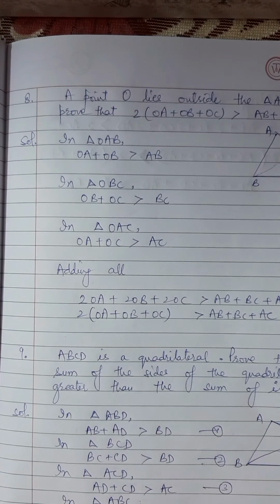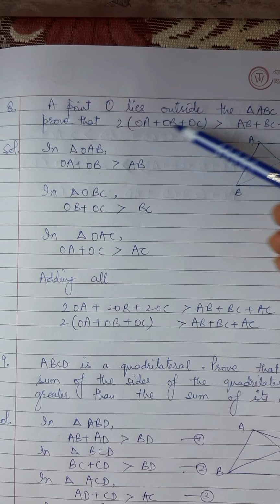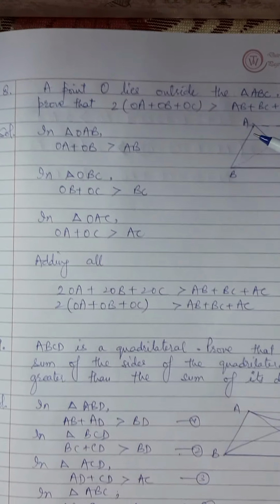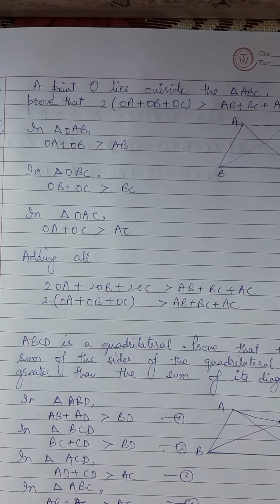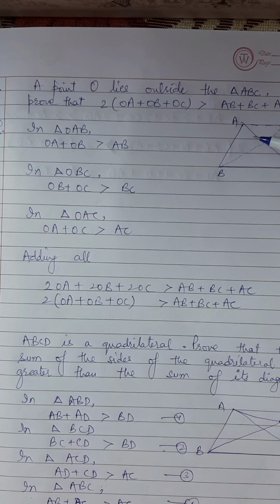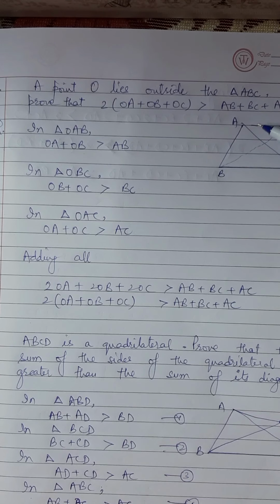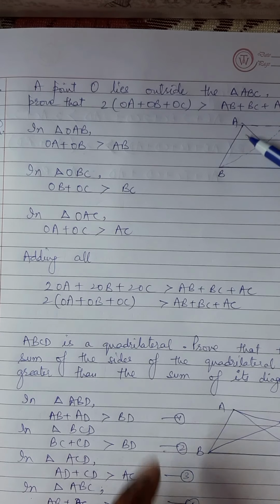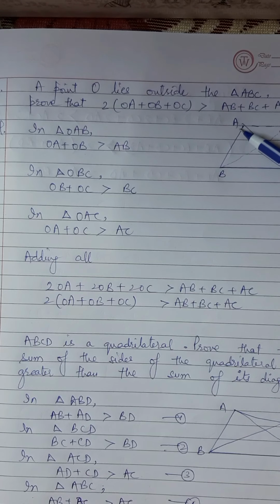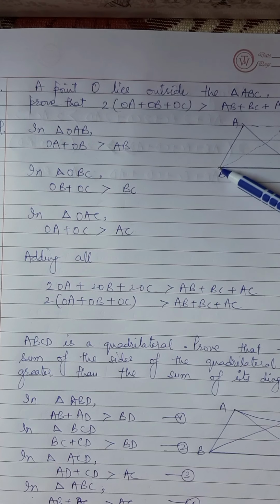Now the eighth one. A point O lies outside triangle ABC, and we have to prove that double of OA plus OB plus OC is greater than AB plus BC plus AC. We consider triangle OAB, so OA plus OB is greater than AB.